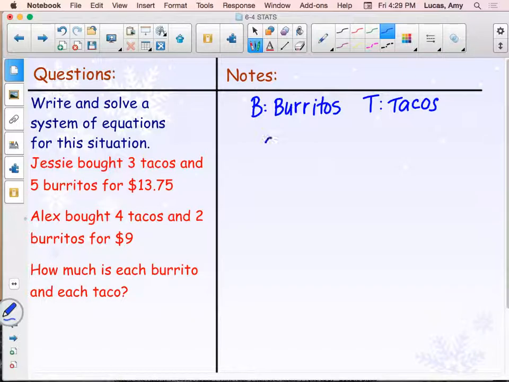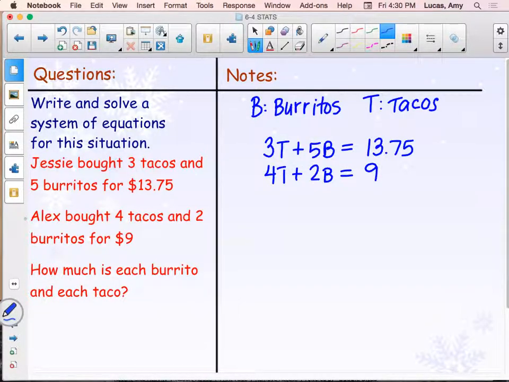So Jesse got 3 tacos, so 3T plus 5 burritos, 5B, for $13.75. Alex got 4 tacos plus 2 burritos for $9. This is the system that we need to solve.